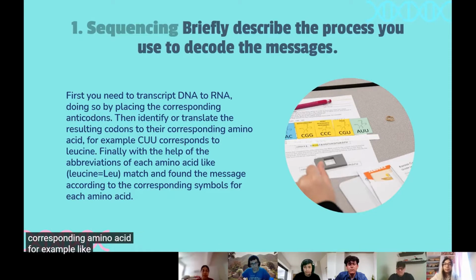For example, if you have a CUU codon, it corresponds to the leucine amino acid, and we do so with all the codons presented.